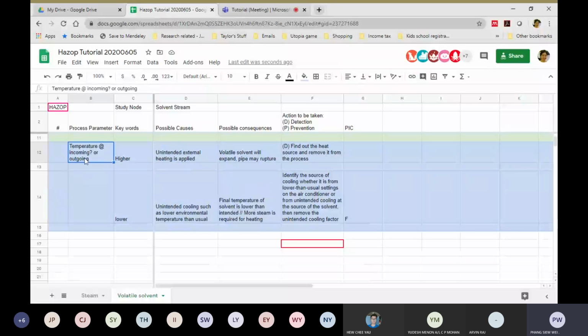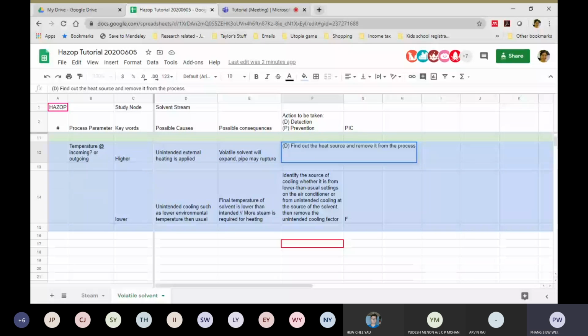So in this case, you want to justify and make it clear whether you are looking at the incoming piping or the outgoing piping temperature. If it's incoming, this is not applicable. If it's outgoing, yes. And so what you want to do is find out the heat source.